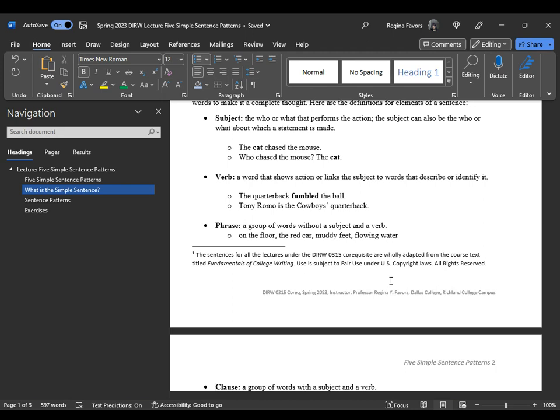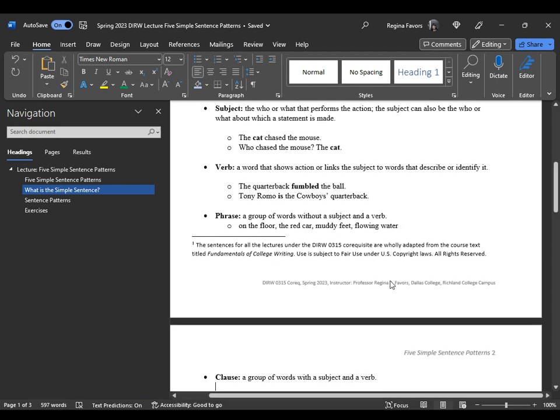The second sentence has the be verb, and be verbs are is, am, are, was, and were in conjugated form. That's considered a linking verb. It links the subject to words that describe or identify it. So Tony Romo is a Cowboys quarterback, and is is considered a linking verb.